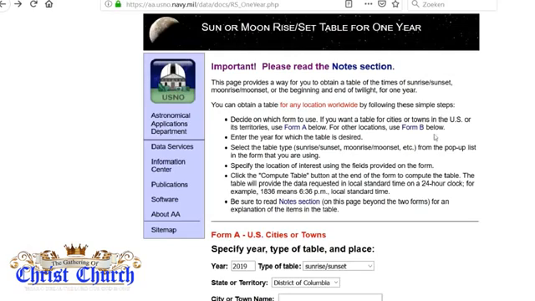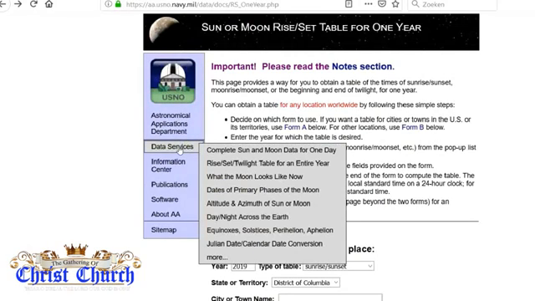All right? So what we do is we go to the data services and we hit rise. We hit rise and set twilight table. That's the table we're at here. You go data services, rise and twilight table for an entire year.